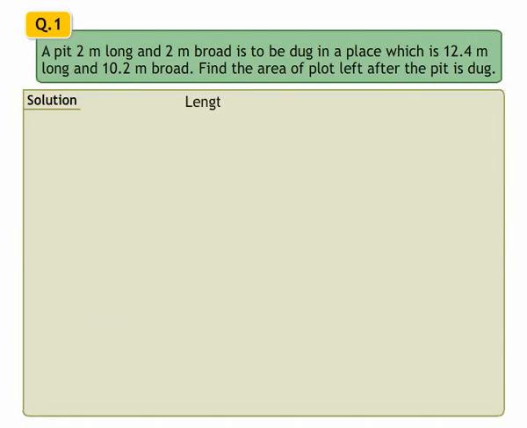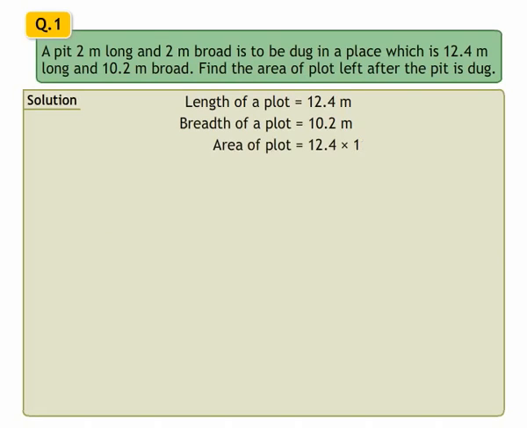Length of a plot is 12.4 meter. Breadth of a plot is 10.2 meter. Area of plot is equal to length 12.4 into breadth 10.2, which is equal to 126.48 square meters.